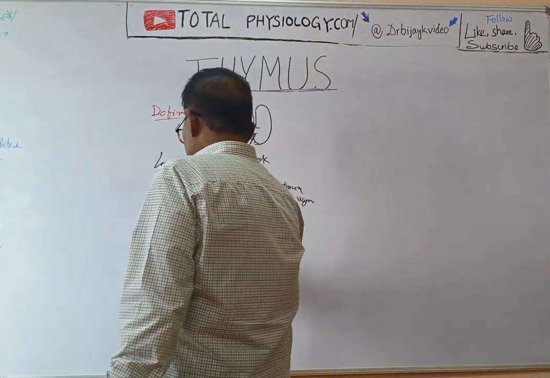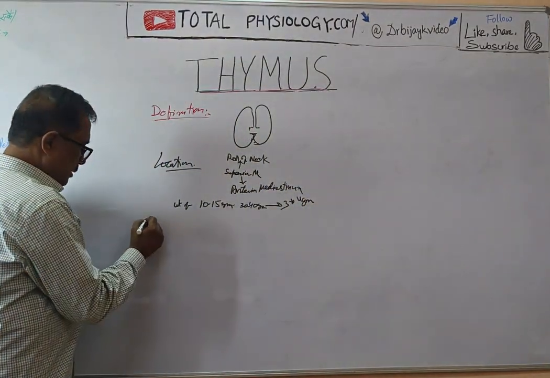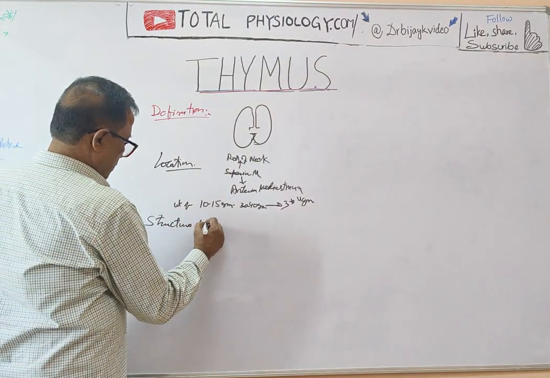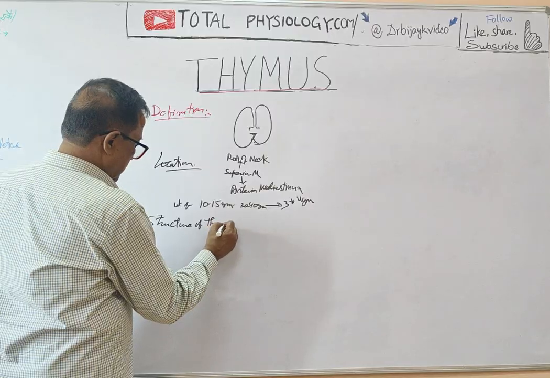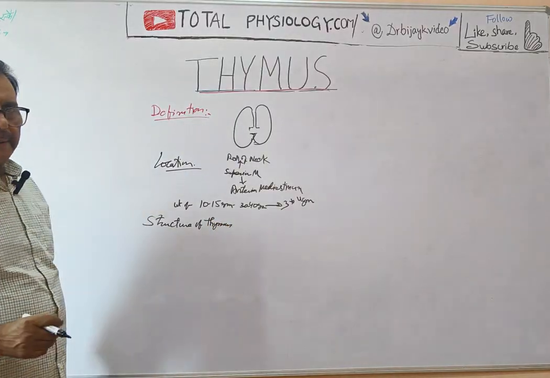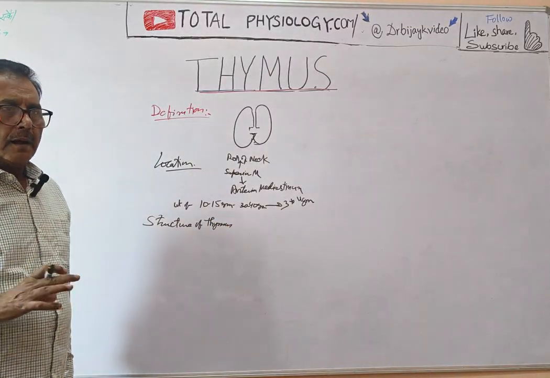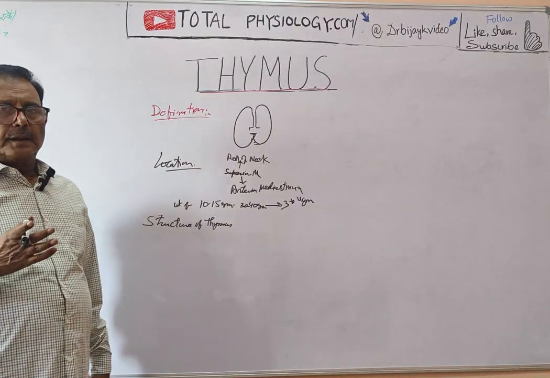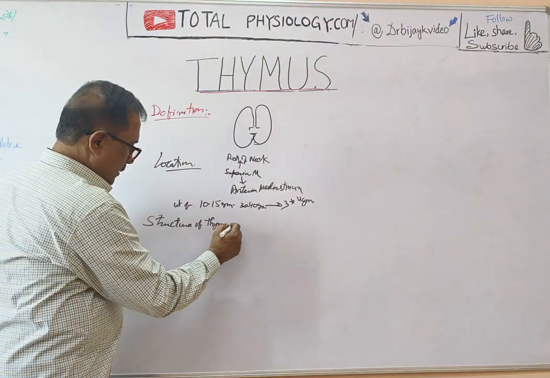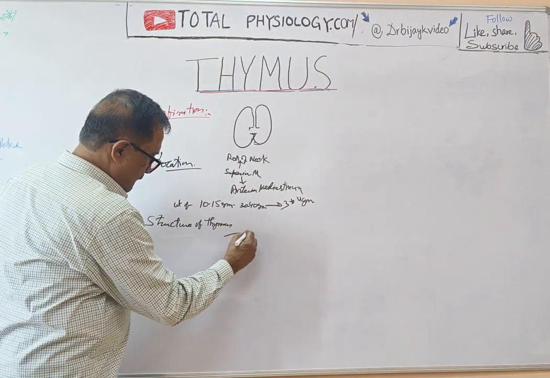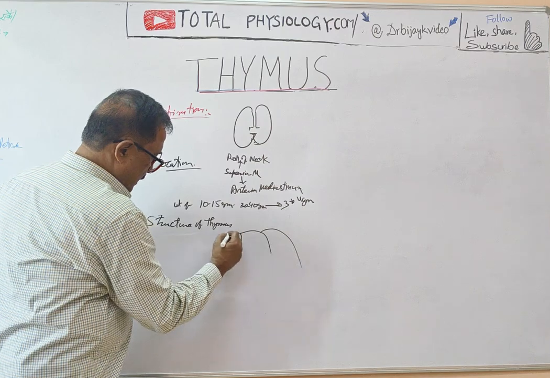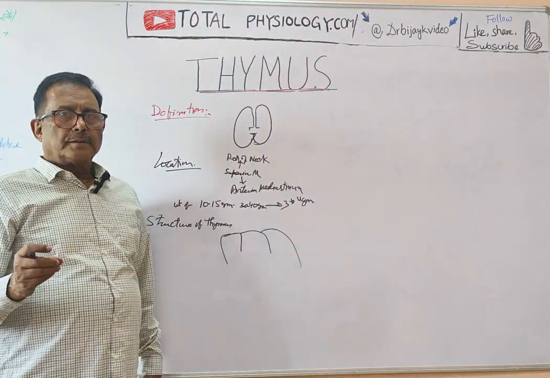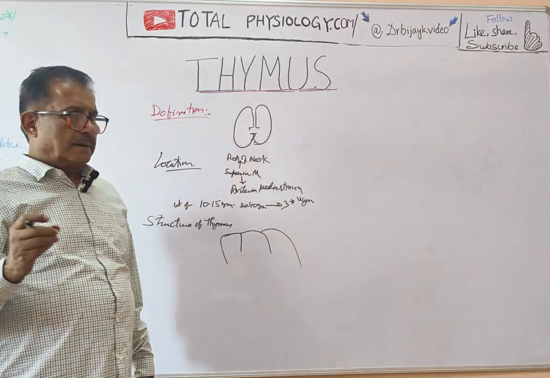Now coming to the structure of thymus. Thymus is covered by a capsule which gives trabeculae into the gland, and each lobule is divided into cortex and medulla.